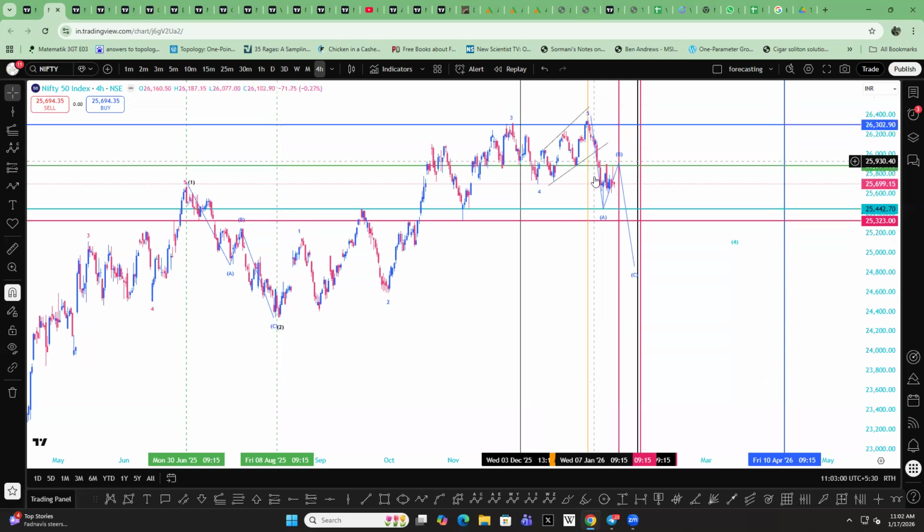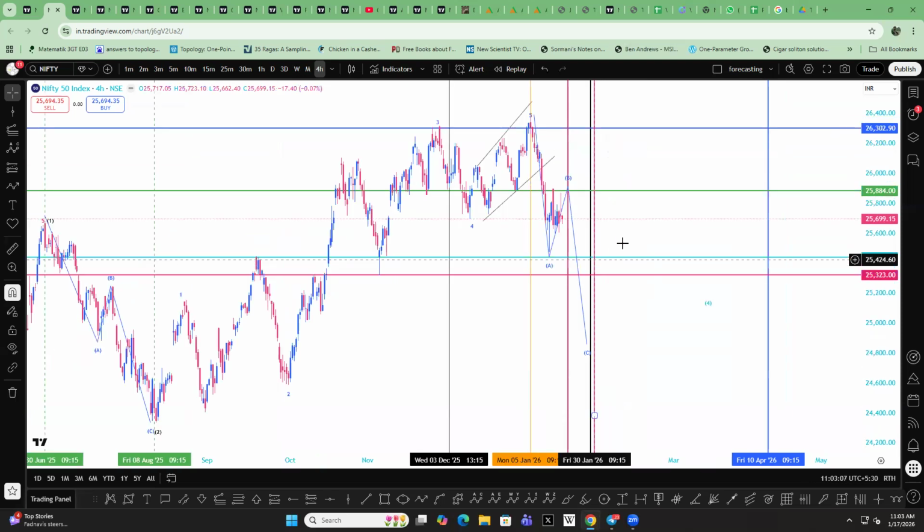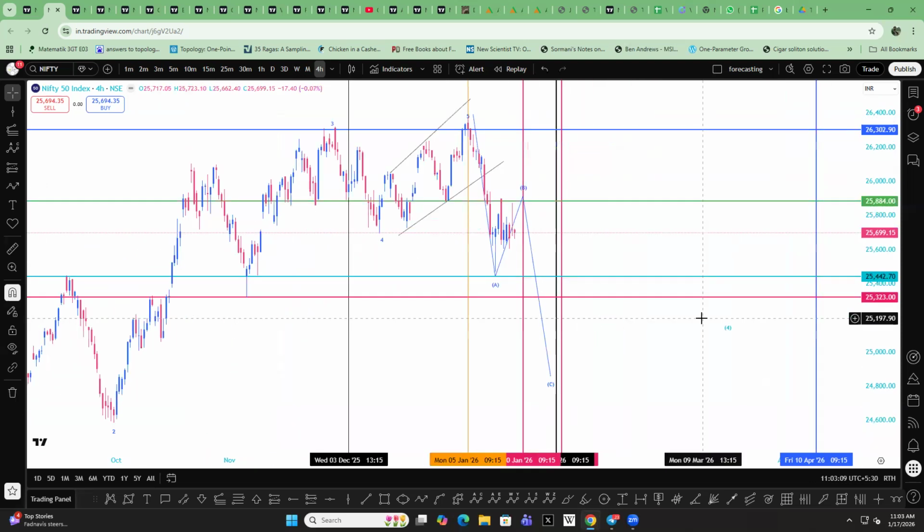Now this decline should go like this, A, B, C, right? For that reason, the first query is: have we completed wave A, or is wave A still in progress? Then wave B will come and then C will follow, right?